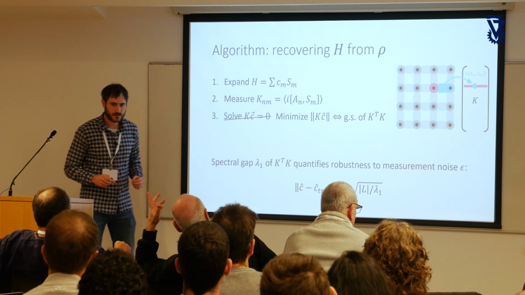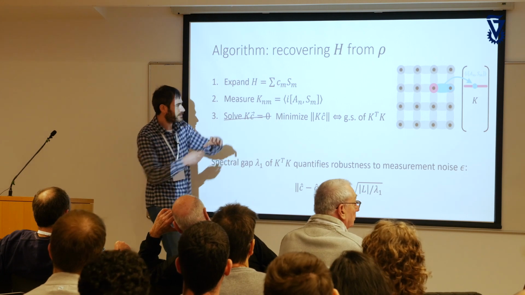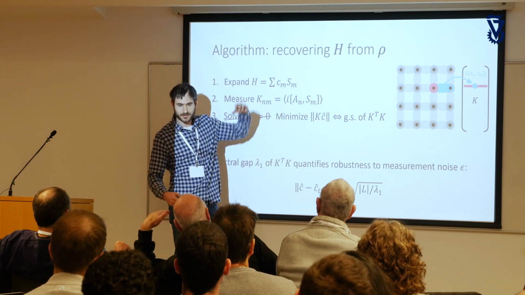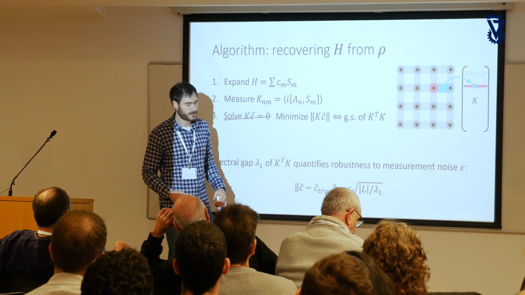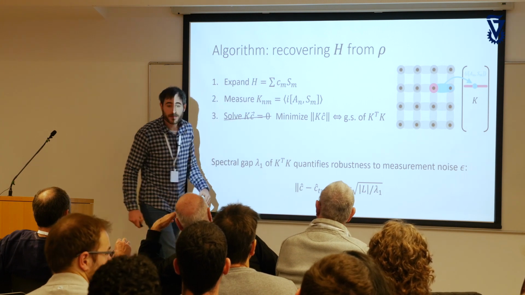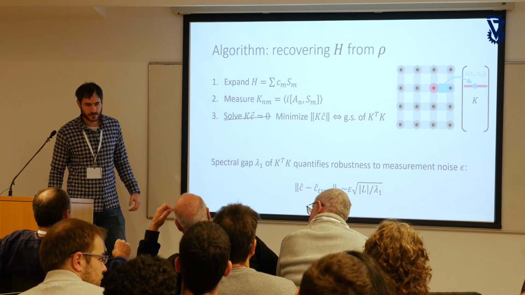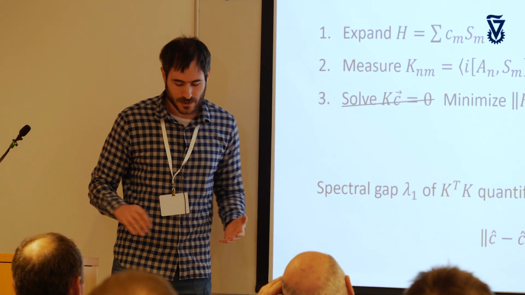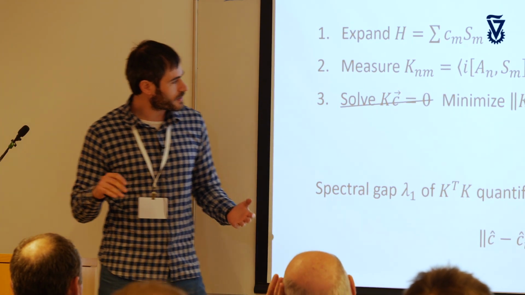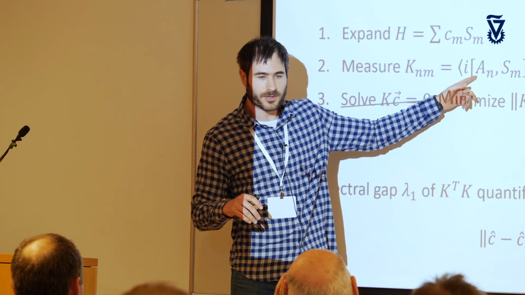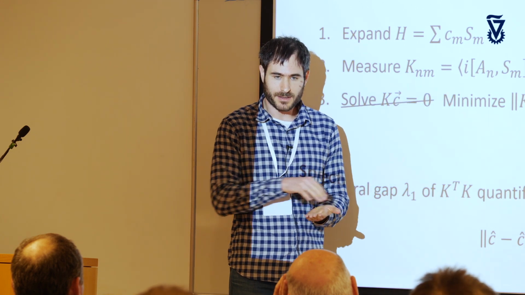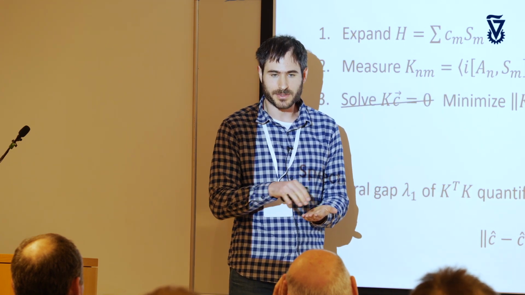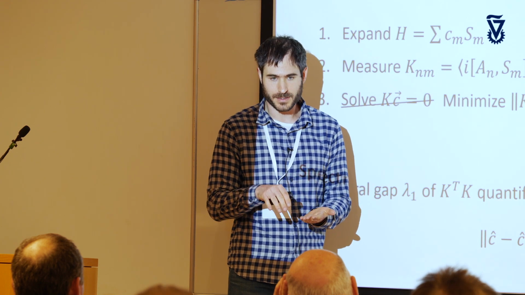How do you measure the spectral gap? Okay, I get a matrix of commutators. For the eigenvalues? Yeah, that's the spectral gap. Where is the gap? If I measure this matrix to arbitrary accuracy, it would always have a solution, a zero eigenvalue.